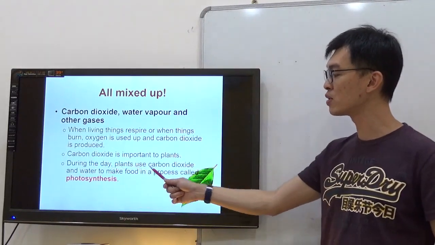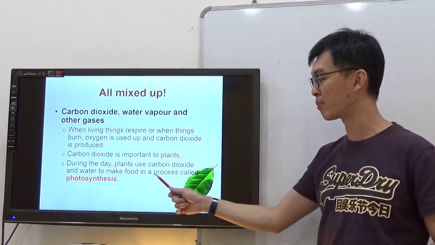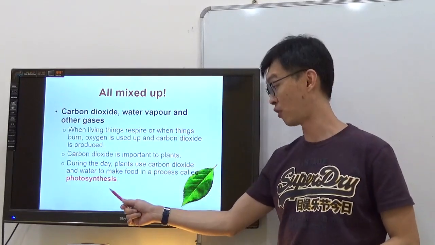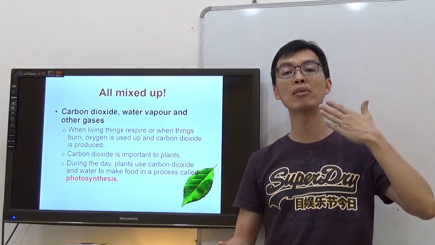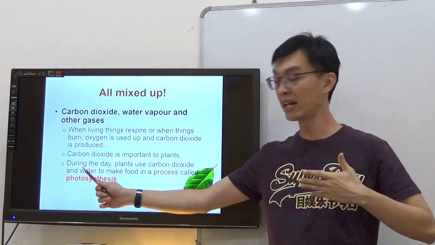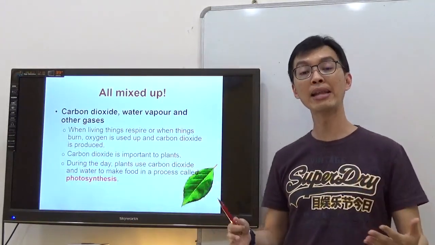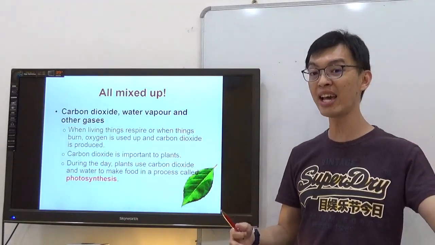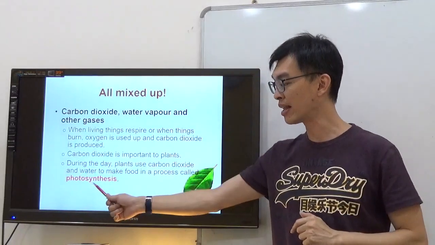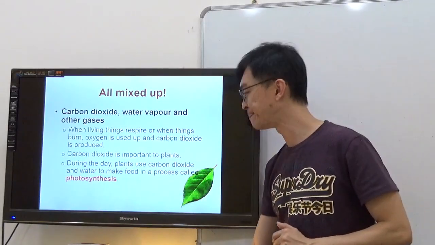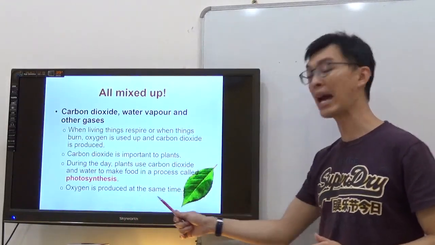During the day, plants use carbon dioxide and water to make food in a process called photosynthesis. So photosynthesis basically means taking in carbon dioxide and water, and it must be during the day. Day means when there is light. Oxygen is produced at the same time.